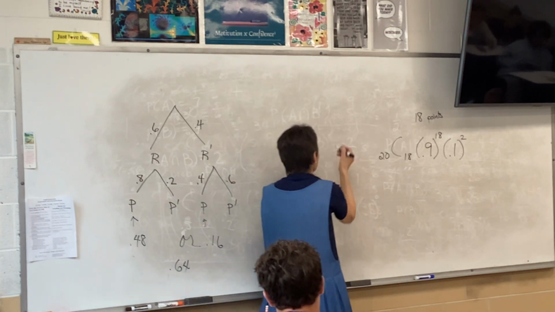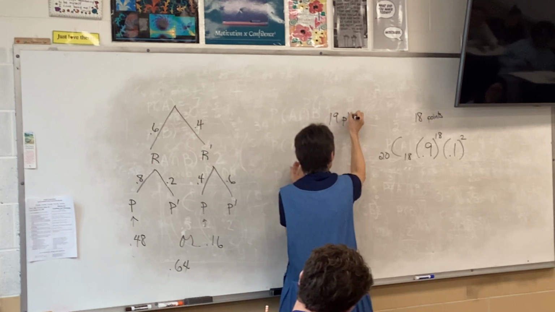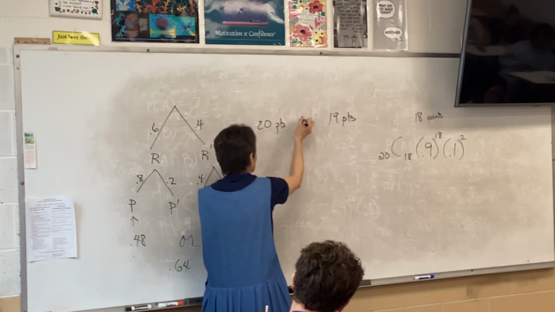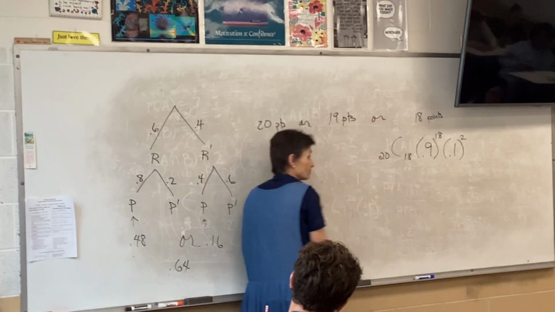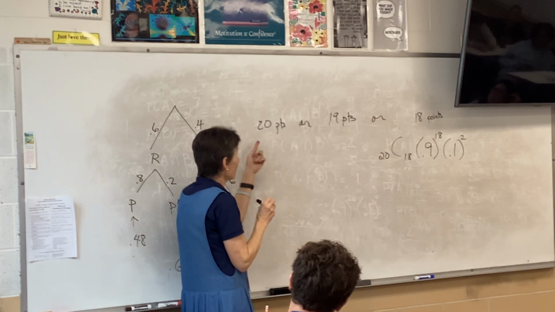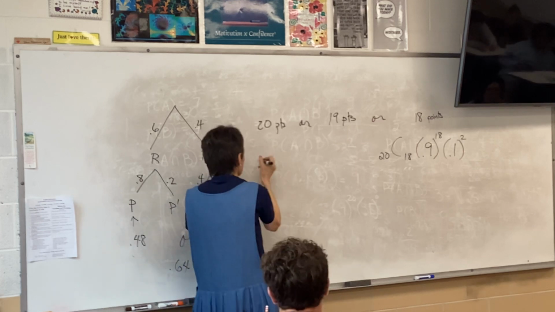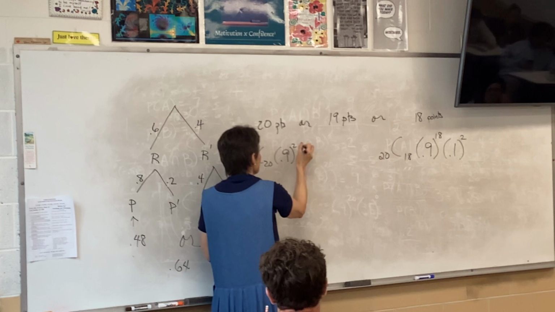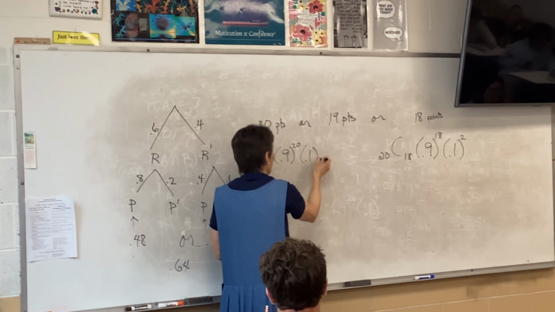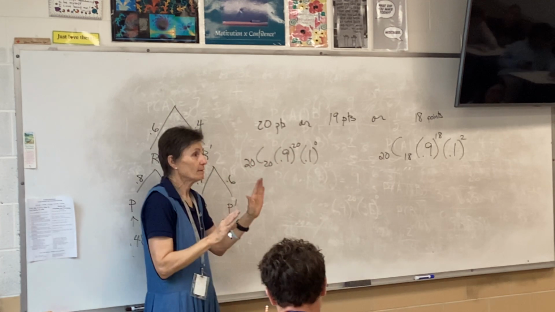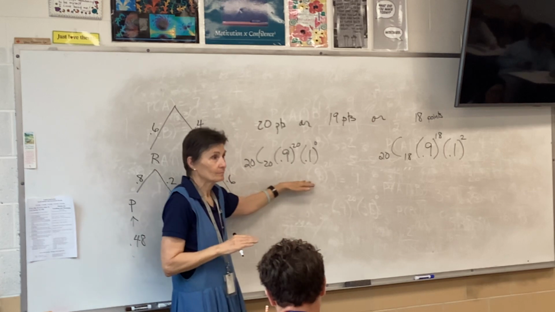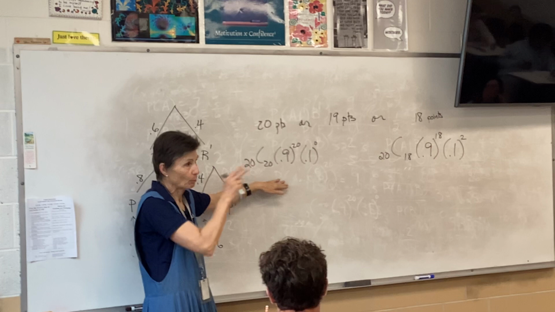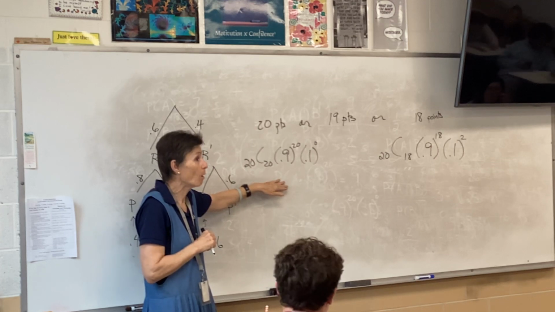I could get 19 points, or I could get 20 points. Now, I already did this one, but I'm gonna go ahead and do it again. That's 20C20, 0.9 to the 20th, 0.1 to the 0. Now, again, I'm doing it formally. This is exactly what Kylie said, 0.9 to the 20th, because he's making them all.